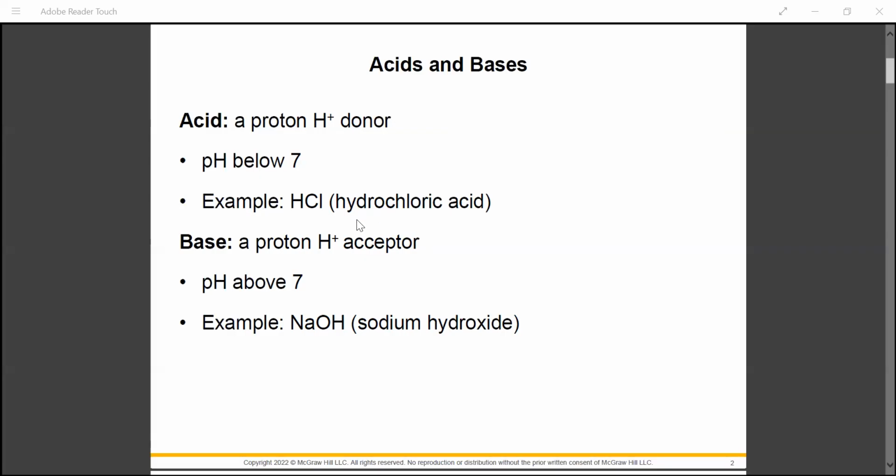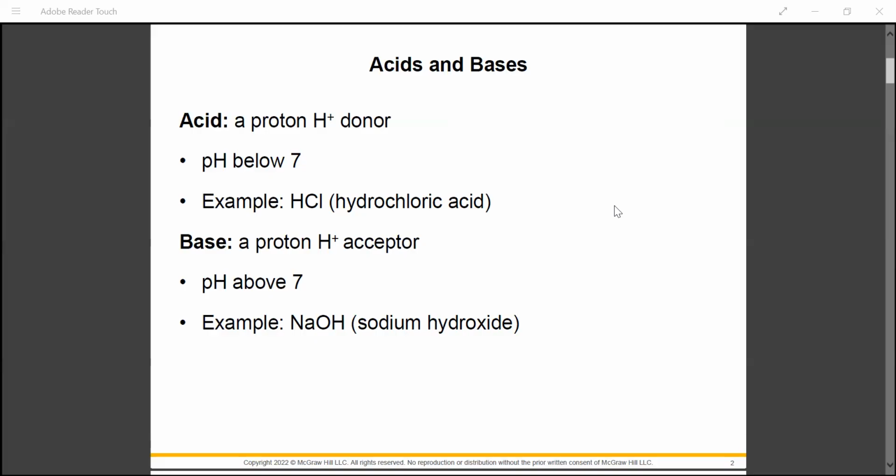So if we were to put hydrochloric acid and sodium hydroxide together, that would result in sodium chloride or NaCl salt and water, because the positive sodium ion and the negative chlorine ion would combine with one another, and our hydrochloric acid would donate its hydrogen to our hydroxide acceptor. So you would get NaCl and H2O, so salt and water, if we were to mix these two in particular.